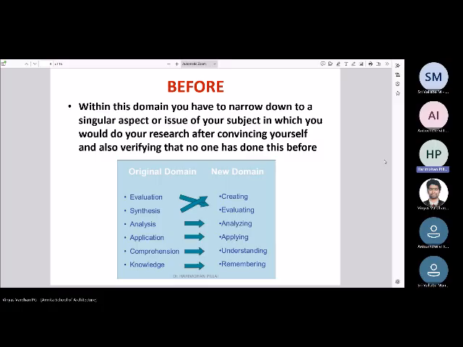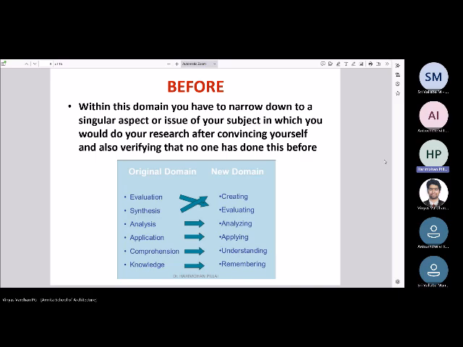New domain is something which you have to discover based on the kind of research you will do using the original domain. You will do evaluation, synthesis and analysis of the original domain, which is available in the library or internet. You will think of application of that domain. All these things you will do with the original domain, and then you will come out with a new domain.